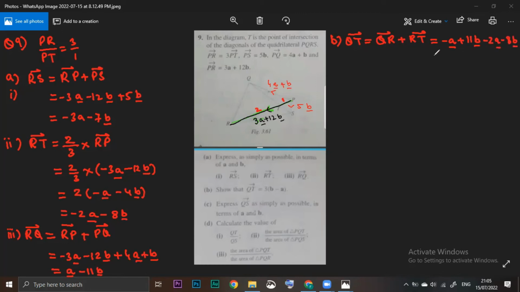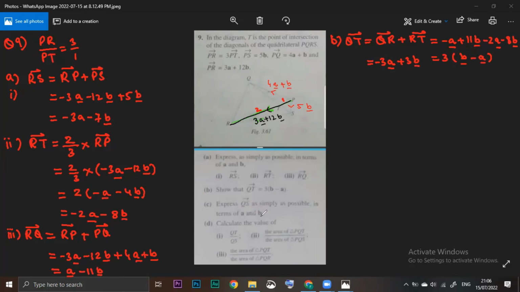We will simplify this one, and this one is minus 3A plus 3B. So the final answer is 3 bracket open B minus A, which is the requirement for part B.